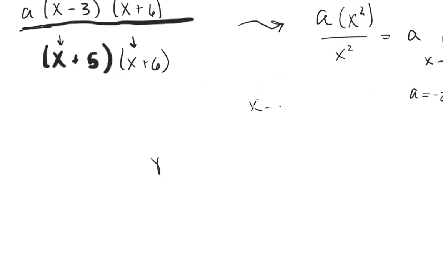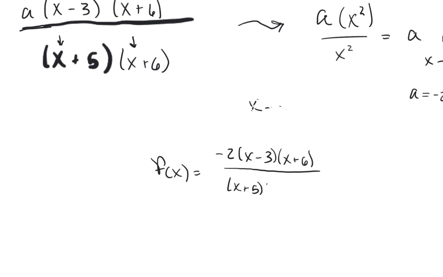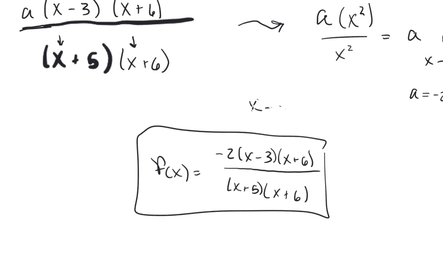So our example function is going to be negative 2 times x minus 3, x plus 6, over x plus 5, x plus 6. And this is going to satisfy all the requirements that we were given.